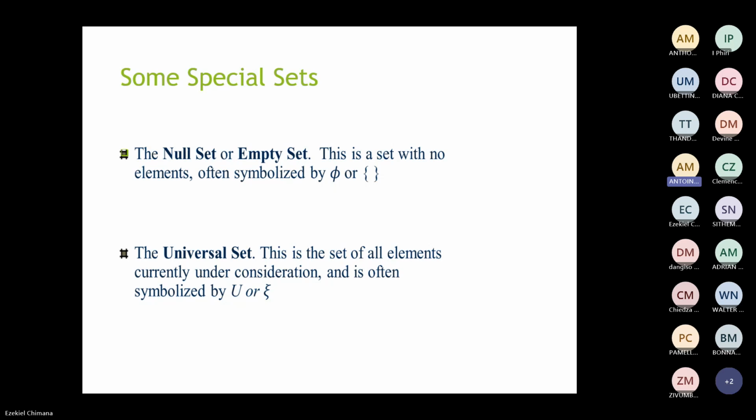That shows this is the empty set or null set. Then the universal set is the set of all elements currently under consideration, and is often symbolized by U, or the other sign over there, as you can see. Next slide.